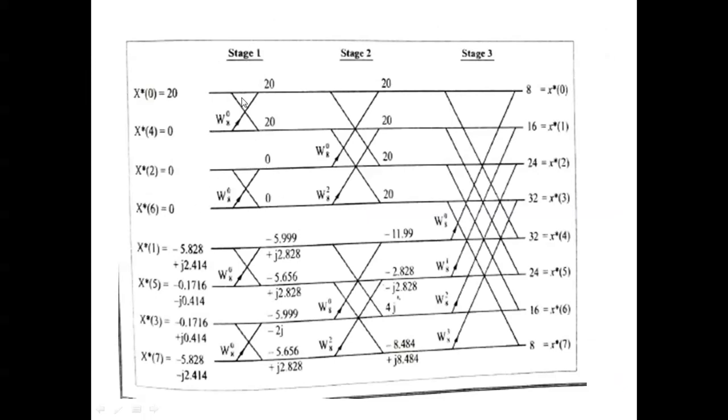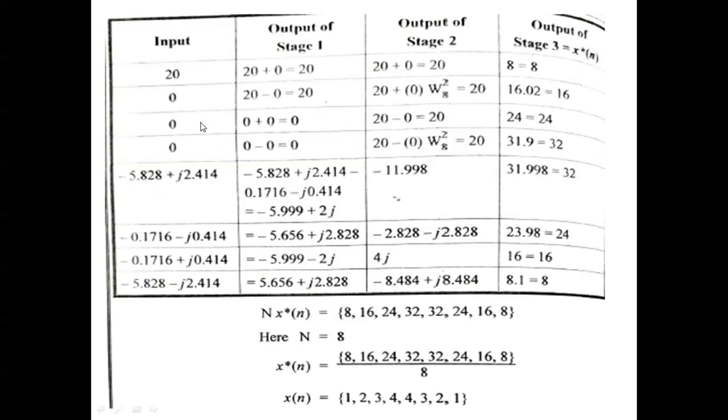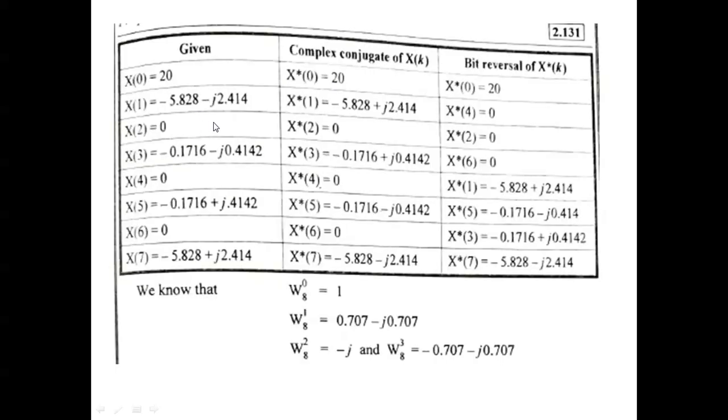Here A is 20 and B is 0. A plus B twiddle factor: 20 plus 0 is 20, and the twiddle factor is 1, so the value is 20. A minus B twiddle factor: A minus B is 20 minus 0, so 20.